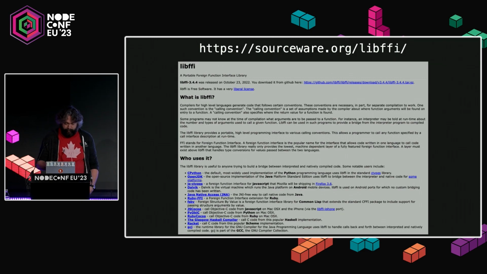So libFFI was a library created by Anthony Green. It's used in a bunch of different programming languages as like the official FFI interface. And you know, it made for a great base to build an FFI feature into Node with for Nathan and for Anna to build off of.